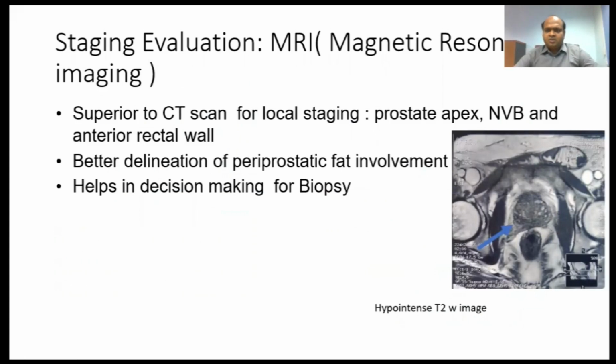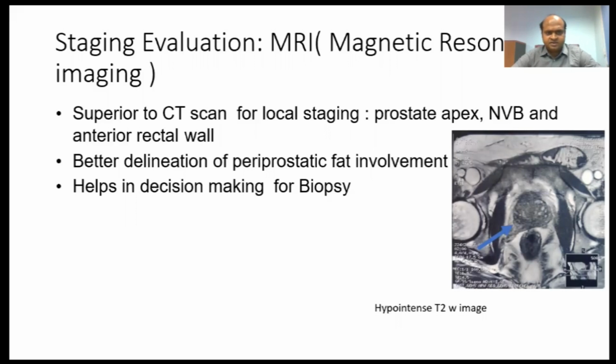Now I will talk about the role of MRI in staging evaluation of prostate cancer. MRI has come up in a big way over the last few years in prostate cancer diagnosis.